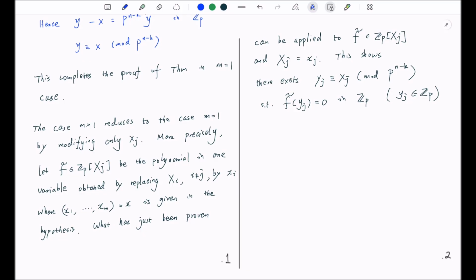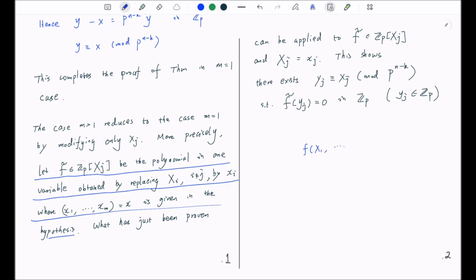In case some of you may be confused with this sentence, let me rewrite it with a mathematical formula. The sentence means we started with a polynomial in m variables.